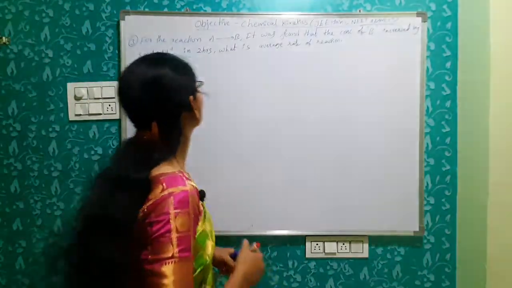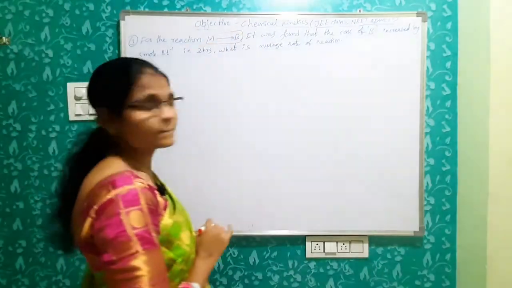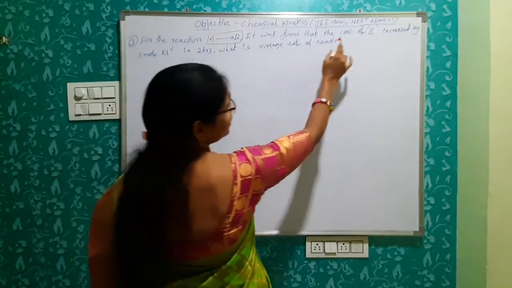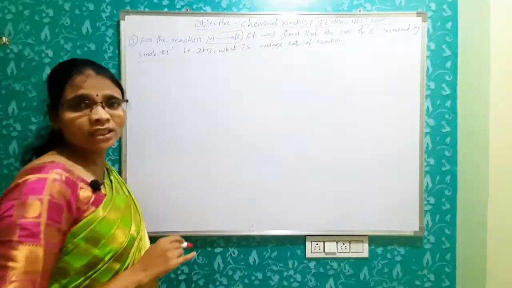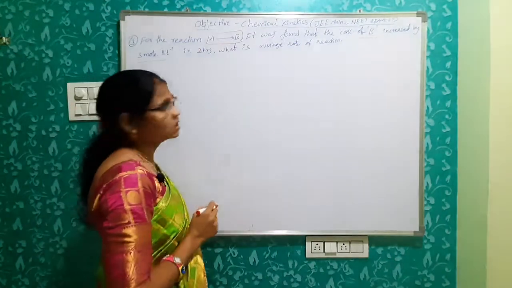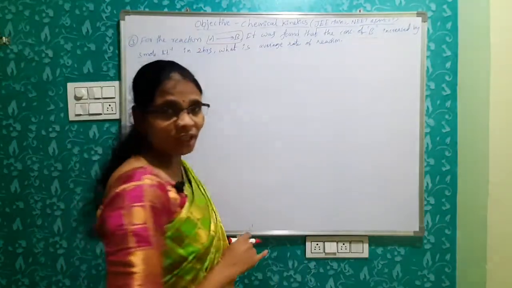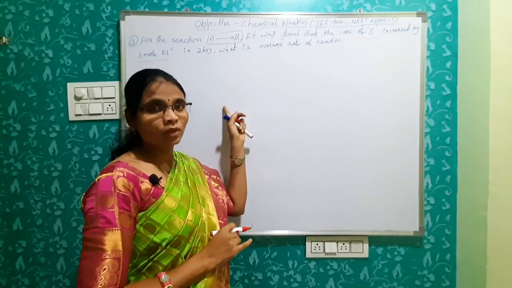See here. For the reaction A gives rise to B, it was found that the concentration of B increased by 3 moles per liter in 2 hours. So what is the average rate of the reaction? That is similar to the first problem. You can do it.